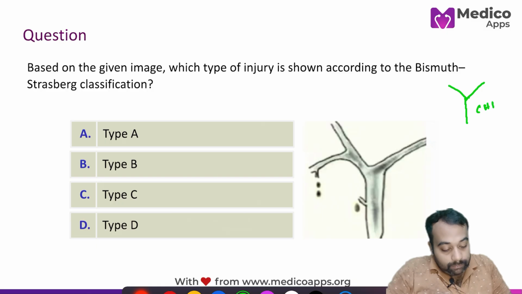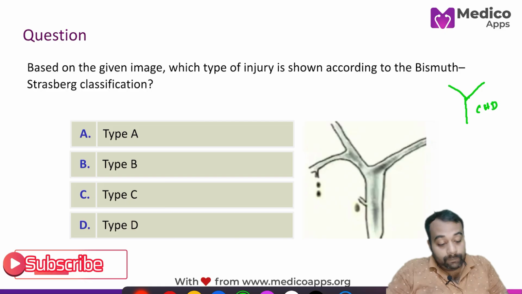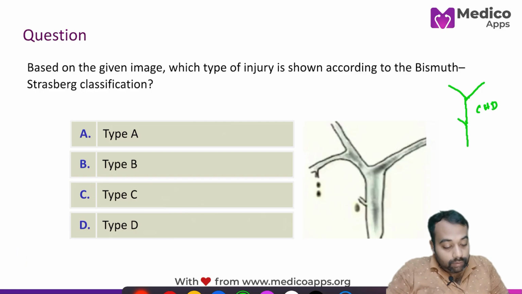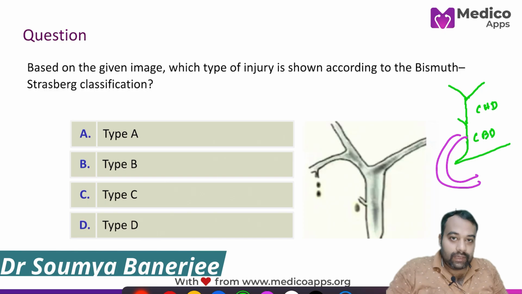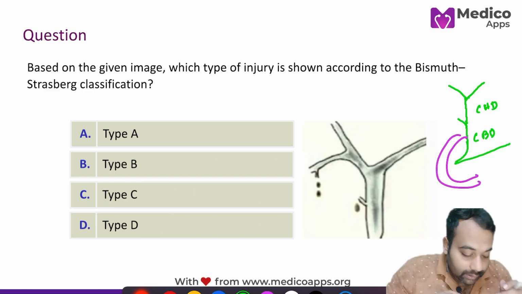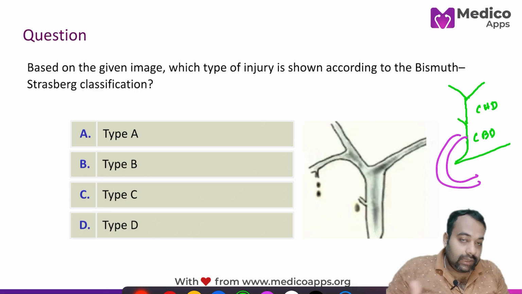The cystic duct also joins the common hepatic duct to form the CBD. This CBD opens into the second part of the duodenum, right? And apart from the CBD, there is a main pancreatic duct that joins with it and forms a common channel, which opens at the level of the ampulla of Vater, right?